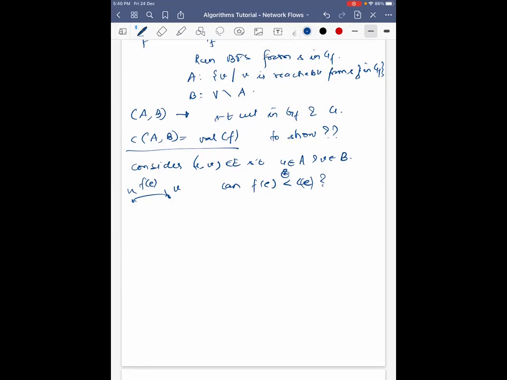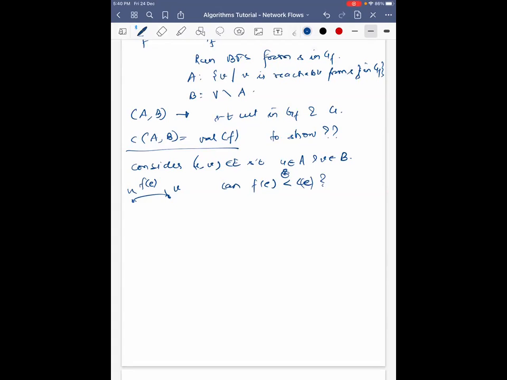But what if the flow f_e is equal to 0? Then do we know that there exists a path from S to T with the edge UV? Could you please come again?